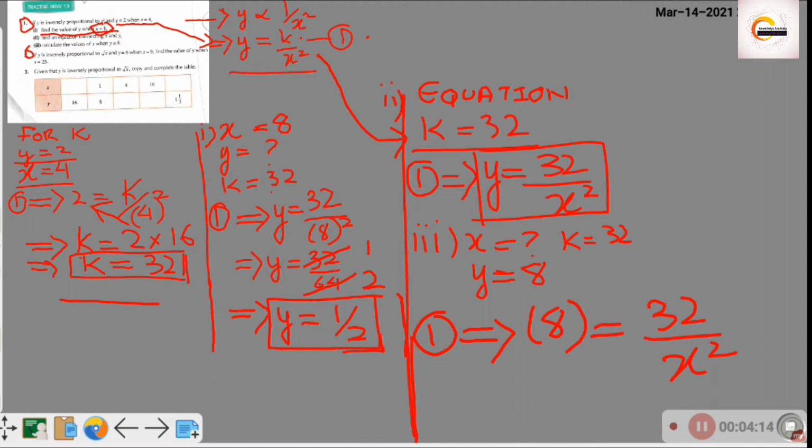Equation 1 implies that 8 is equal to 32 upon x square. After cross multiplying, x square is equal to 32 upon 8, and we can divide it.